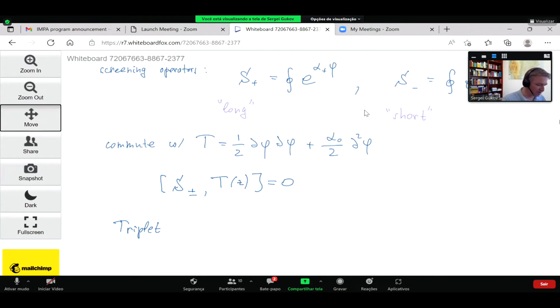Remember, it was rescaled by square root of p. So the triplet log VOA is going to be defined as the kernel of the short screening operator, the kernel of this operator S minus on the original lattice VOA. So this construction these days is often called the Feigin-Tipunin construction.